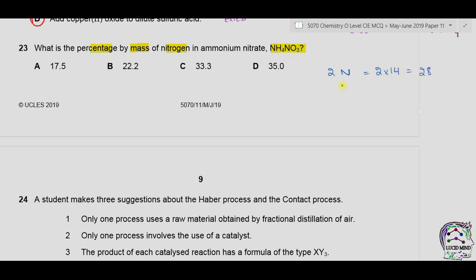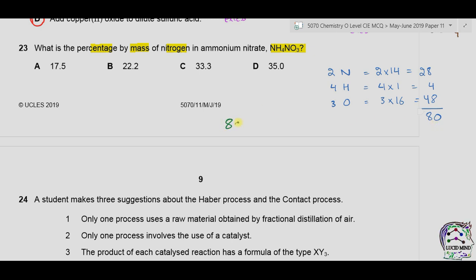We have 4 hydrogen atoms, so 4 into 1. We have 3 oxygen atoms, so it will be 3 into 16. The molecular mass of ammonium nitrate comes equal to 80. So now the molecular mass of ammonium nitrate is 80.